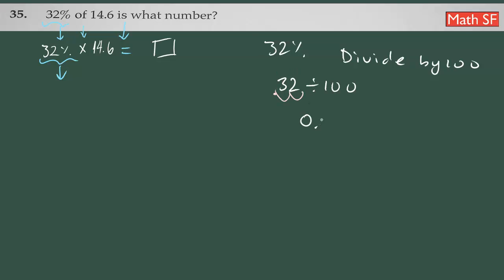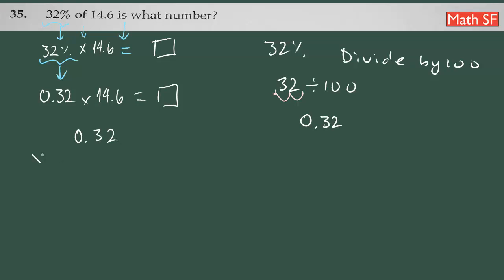Therefore it's going to be 0.32. So 0.32 times 14.6 equals what? So what are we missing now? We're missing a product, so therefore we must multiply. So let's multiply this.